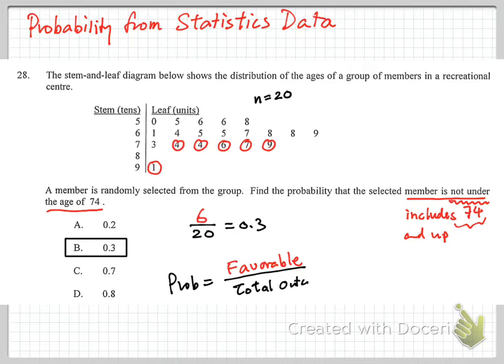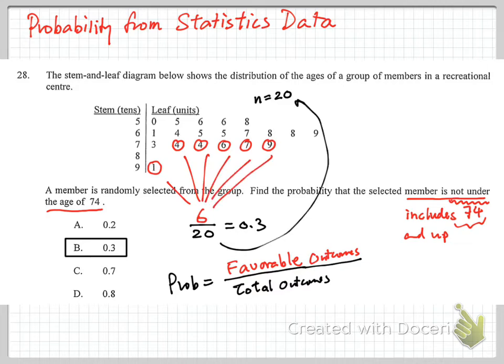So in this example, the favorable outcomes are those that meet the requirement of not under 74, which means that we include 74 and everything upwards. So the favorable outcomes are these 6, 1, 2, 3, 4, 5, 6, out of a total of 20. So that's how we do the counting in the stem and leaf diagram.